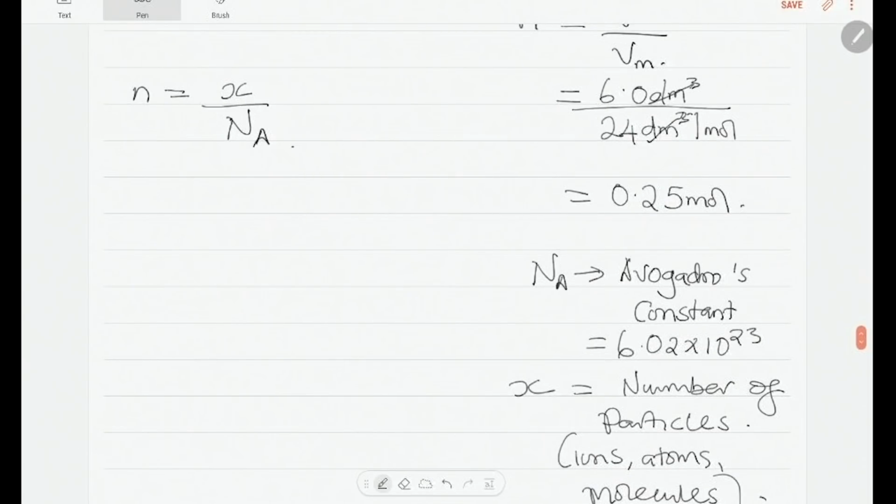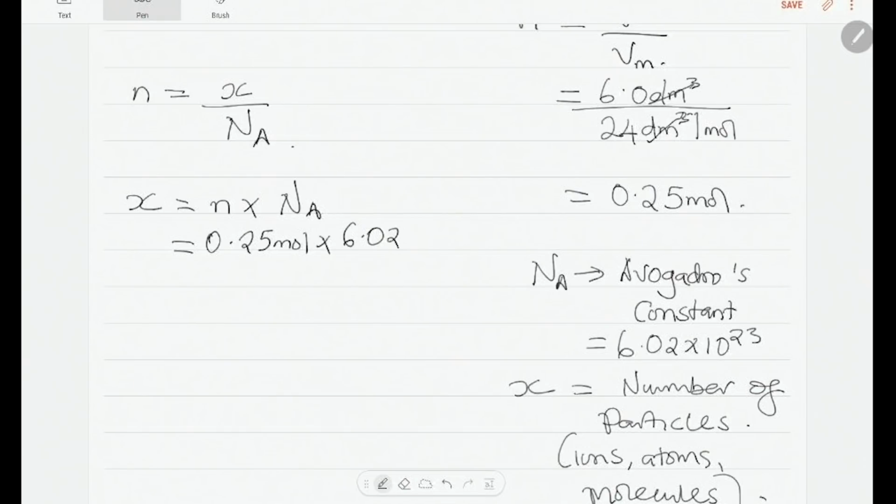So, X will be equal to n multiplied by Na. We've already calculated n, which is 0.25 mole, multiplied by the Avogadro's constant, 6.02 times 10 to the power 23.